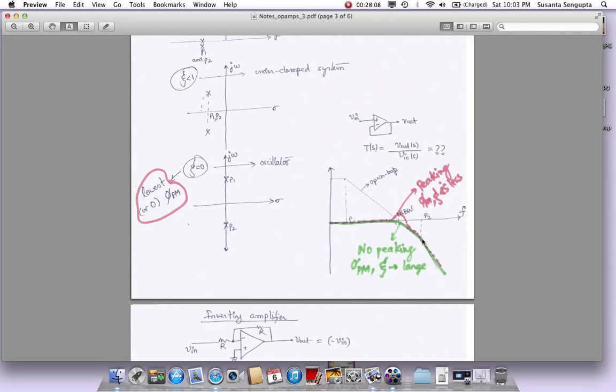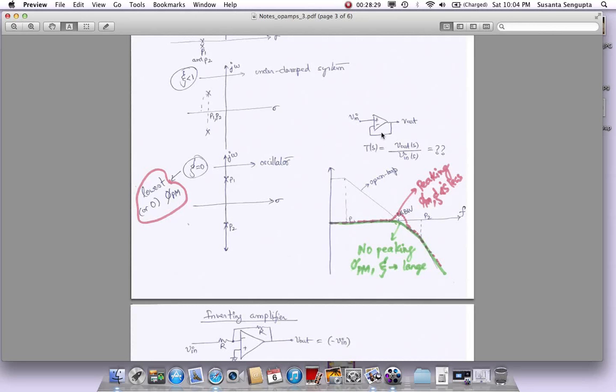So here is the open loop characteristics, and this is the actual transfer function from V in to V out. I hope you understand that just finding the open loop characteristic of the op-amp is not enough. You also have to look into the actual input to output transfer function it's implementing.